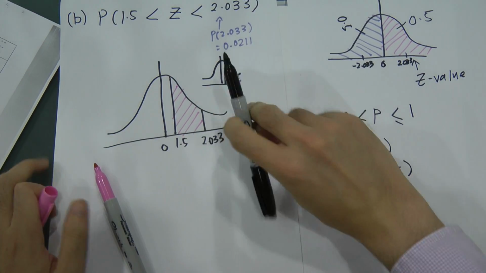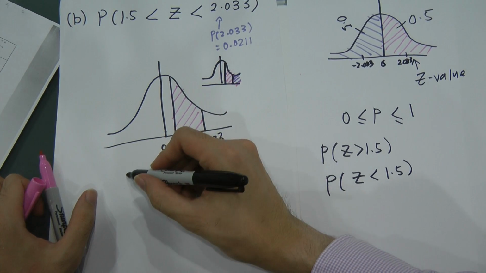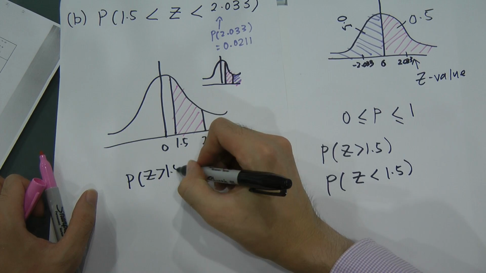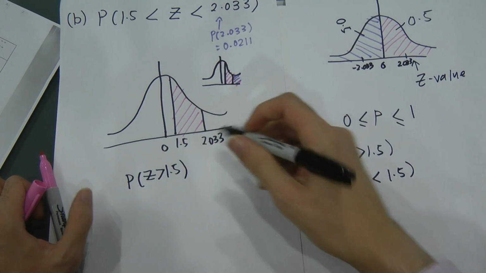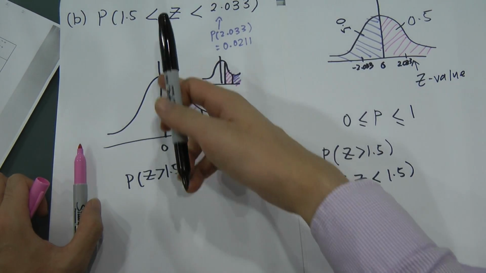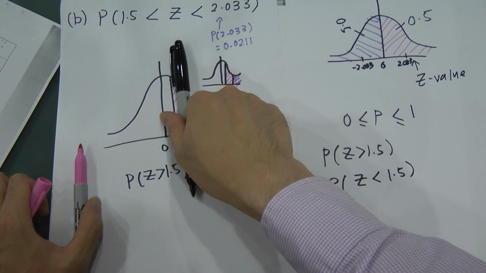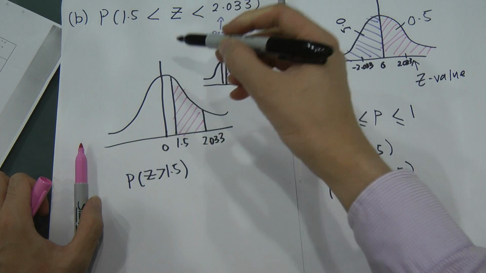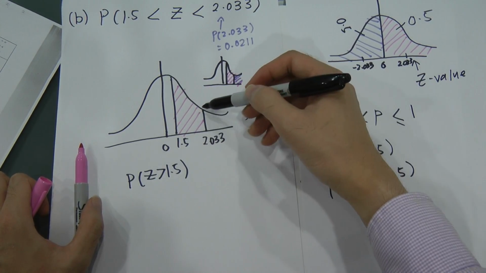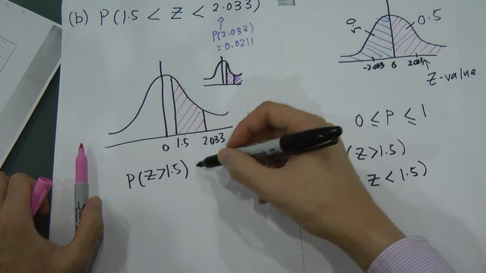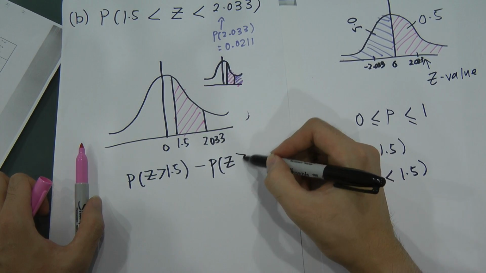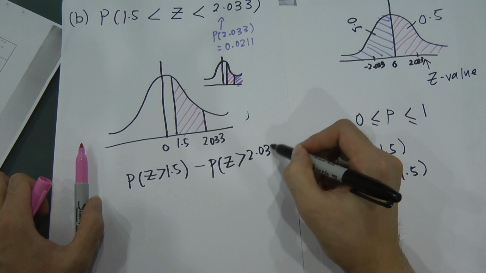If the probability for z is bigger than 1.5, when I say this is line 1.5, bigger than 1.5 is here. So I use the whole area here, minus the small area here. So I minus the probability for z is bigger than 2.033.